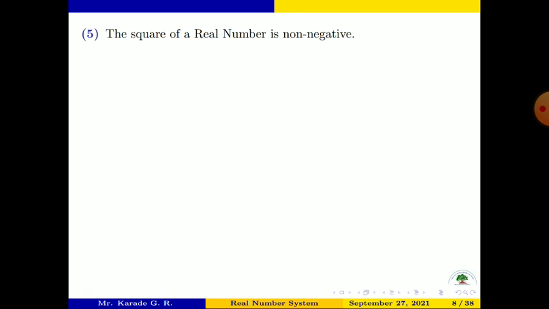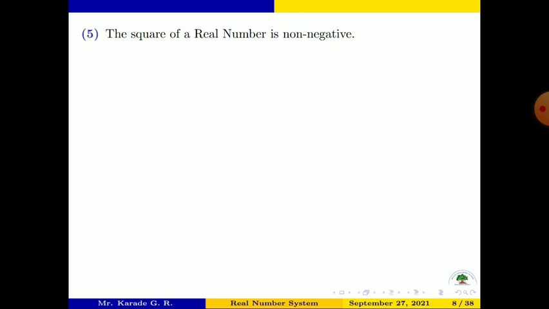If I take the real number minus 2 and square it, its square is plus 4, and it is again non-negative.